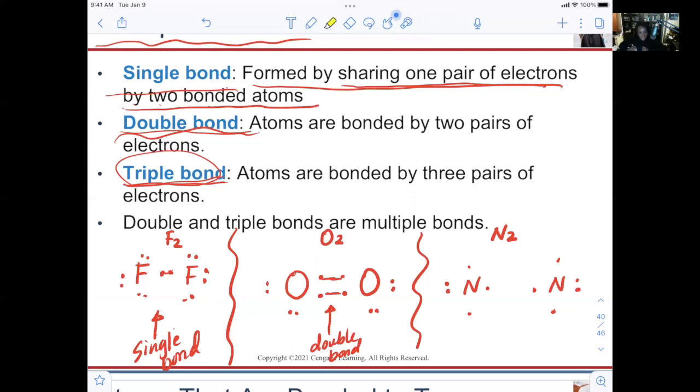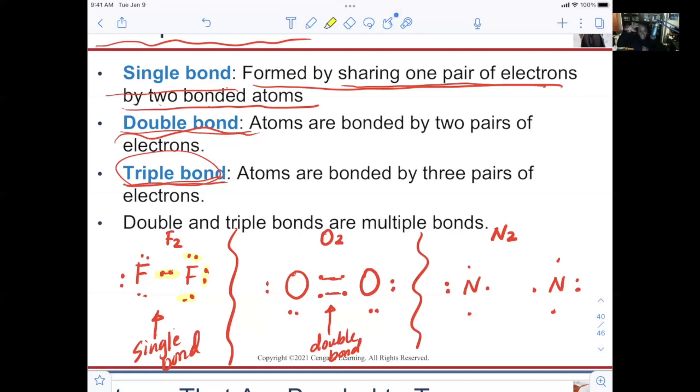When we are done, I'm going to use colors to illustrate how the octet rule is being followed, right? The fluorine on the left currently has access to the following to help it get to an octet. 2 electrons here, 2 here, 2 plus 2 is 4, plus 2 is 6, plus 2 is 8, okay? Remember, the electrons between the 2 fluorines are shared.